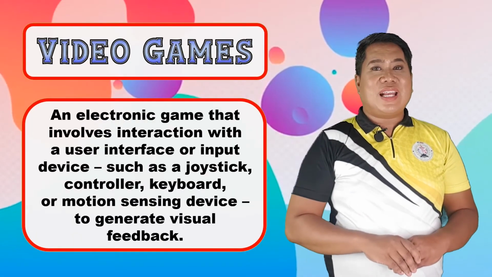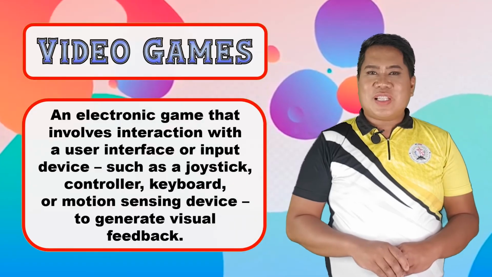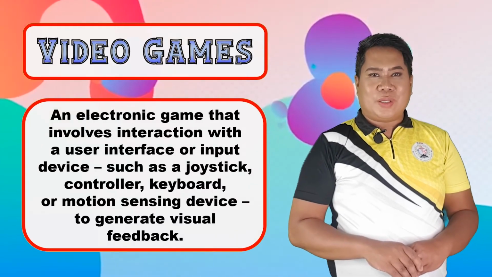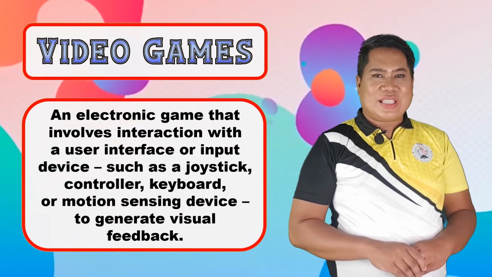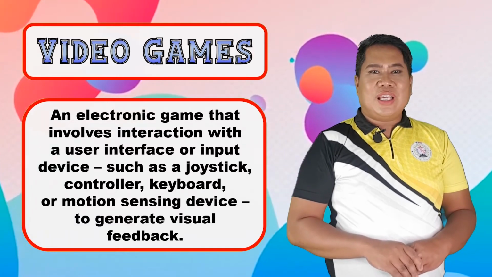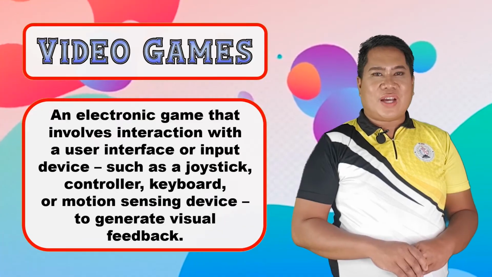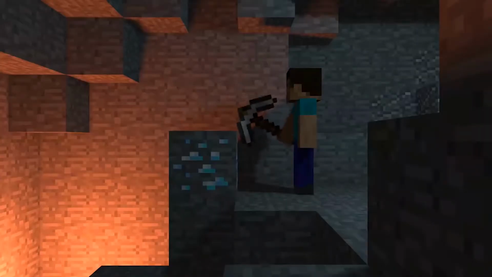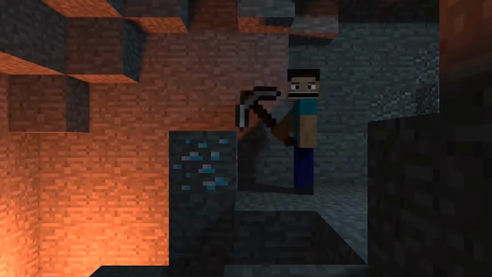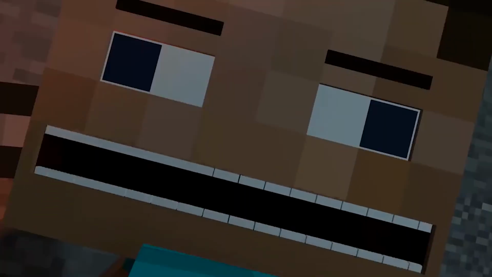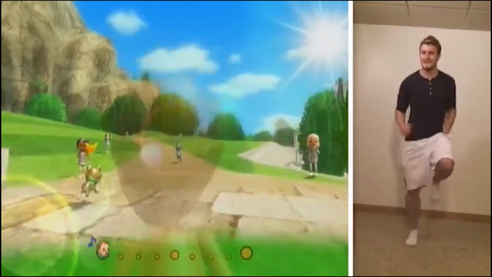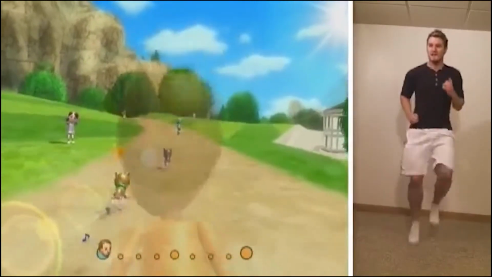Video game is an electronic game that involves interaction with a user interface or input device, such as joystick, controller, keyboard, or motion sensing device to generate visual feedback. These range from educational games and mind twisters, to building and construction games, to ones that entail physical interaction by the users.